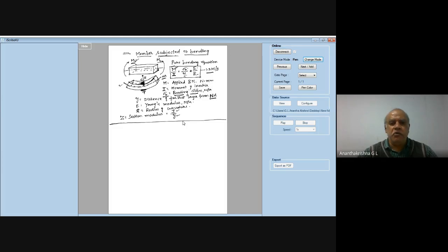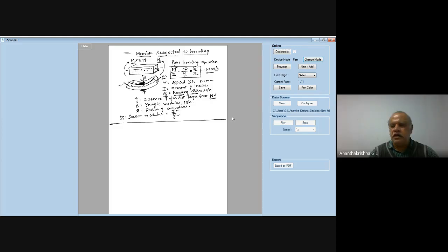That is applied bending moment. Don't get confused with that. Distance of farthest layer from neutral axis, that is Y.